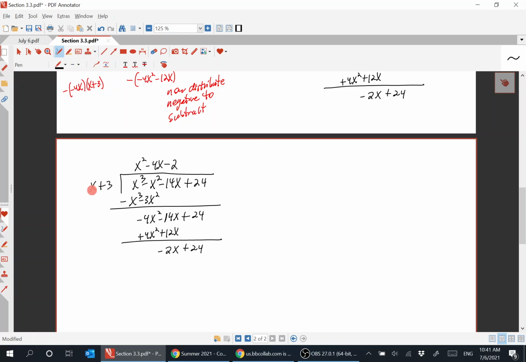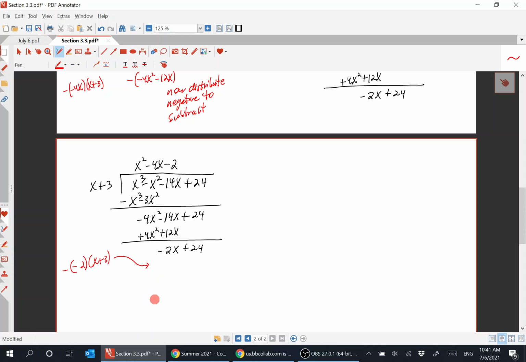Okay, I would multiply x by negative 2 to get negative 2x. So I'm going to multiply negative 2 times x plus 3, and I'm going to subtract that. So I'm going to put a negative out front.